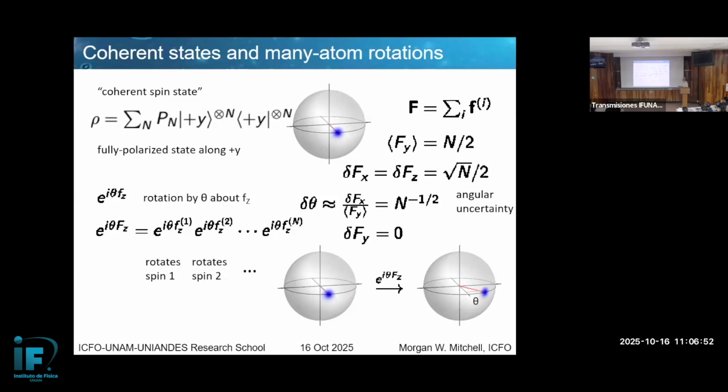Okay, it's also possible to deal with density matrices, with states that have an uncertain number of atoms in particular. And so here it can go from a wave function to a density matrix, with different probabilities to have different numbers. And that has a simple effect. The average value for Fy is now just the average value of n over 2. The uncertainties involve, again, the average value.